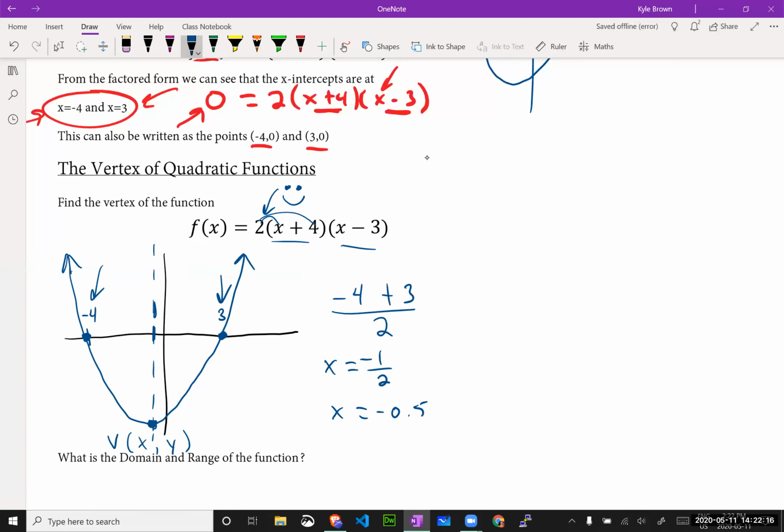Either one. Okay, so now what does that do for us? Well, we found this number right there, that was negative 0.5. And that makes sense. It's right between those numbers, even intuitively, right? So if that is negative 0.5, then that is the same number all the way over here at our vertex. So we just found the x value of our vertex is negative 0.5.